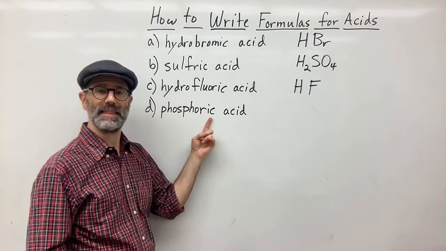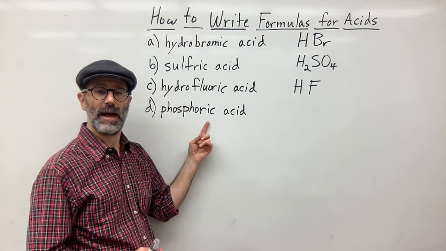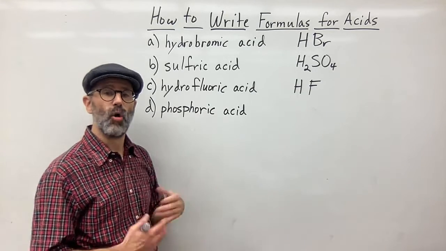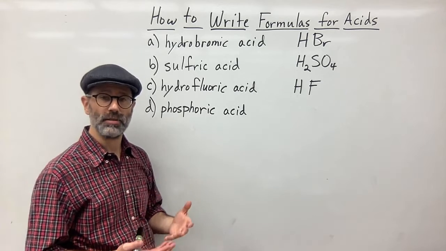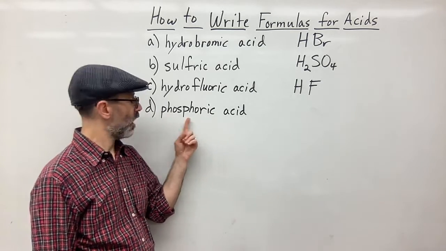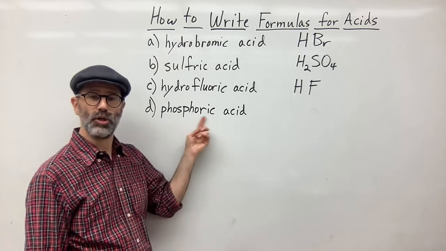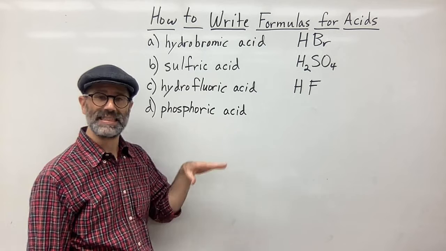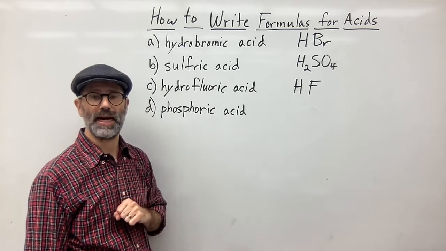Remember, the IC ending indicates that you have the ATE form of the polyatomic ion. If you had an OUS ending, so if this was phosphorous acid, then that OUS ending indicates the ITE form of the polyatomic ion.